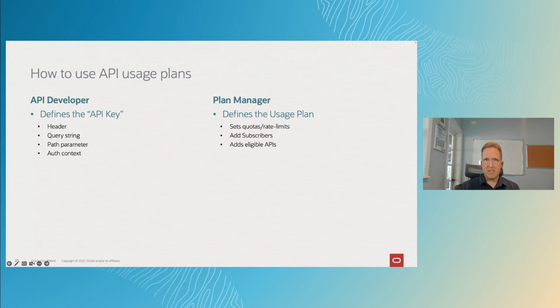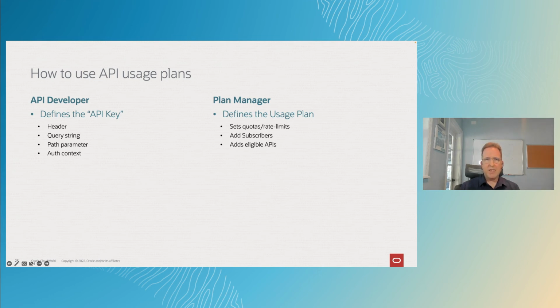So it's really disruptive because you would have to go back and work with your whole community to change how they work with your APIs. We would call that a breaking change. With API Gateway, though, you have a lot more capability to keep you from having to do that.